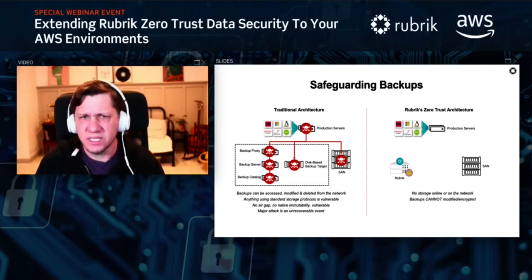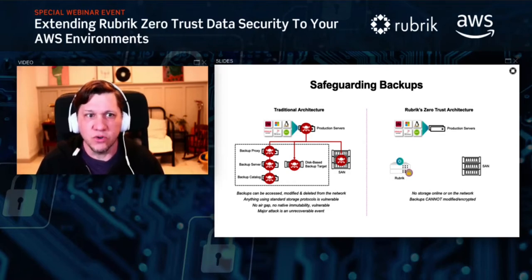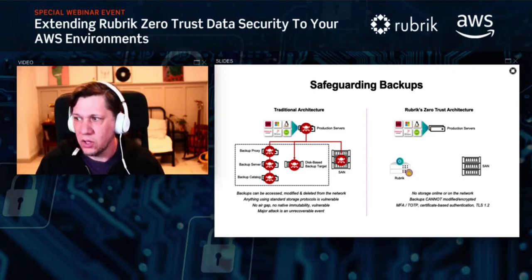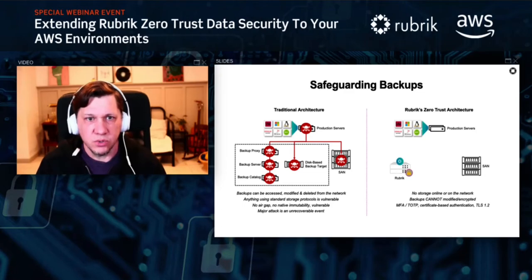And it's this custom built file system which powers our immutability. Since the very first version, the product has provided an immutable solution. What that means is once the backups are written into Rubrik, we're not able to modify, change or encrypt them at all.